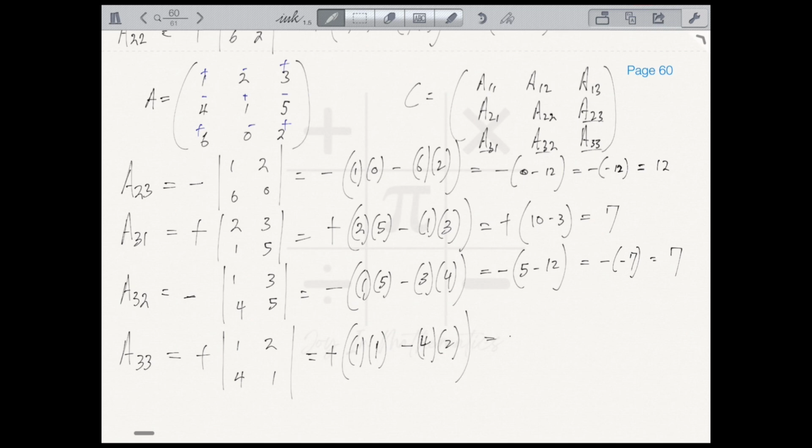So this is positive of 1 minus 8, which is negative 7. Now that we have evaluated all the cofactors, yes, it was quite lengthy, but it is very important.